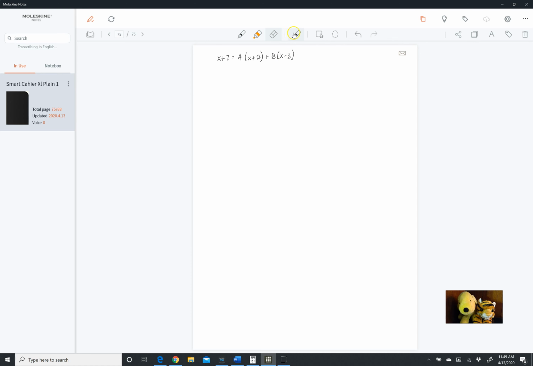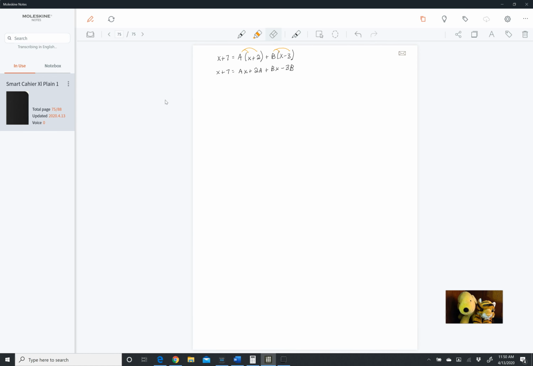So all we're going to do is start off by distributing. So this A is going to get distributed, and this B is going to get distributed. So what that gives us is x plus 7 is equal to Ax plus 2A plus Bx minus 3B.